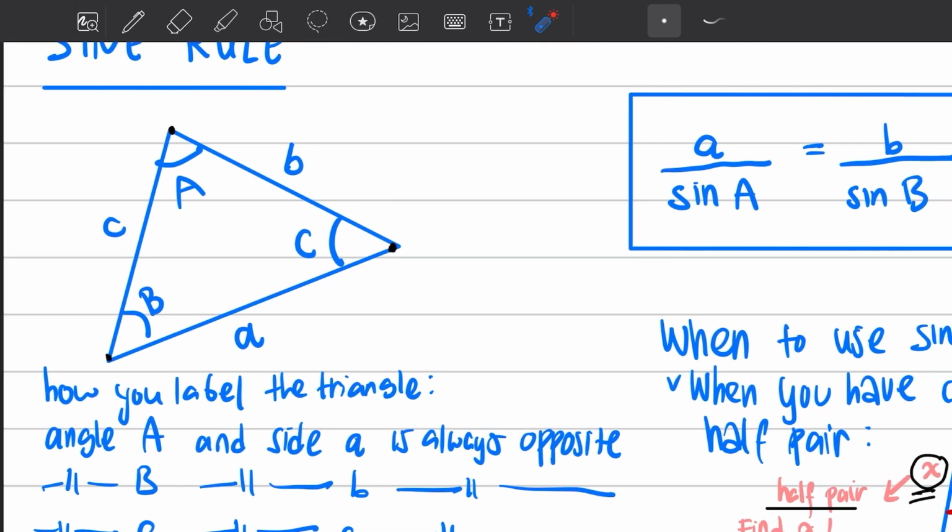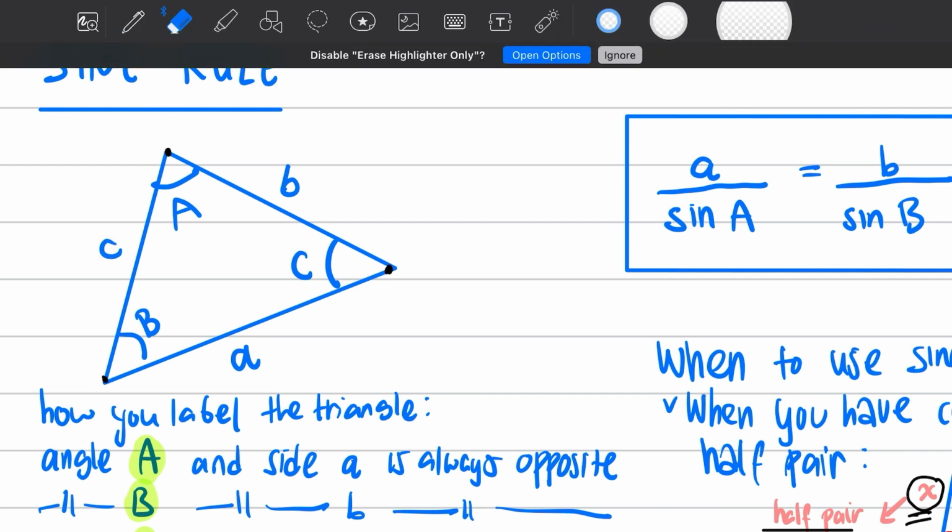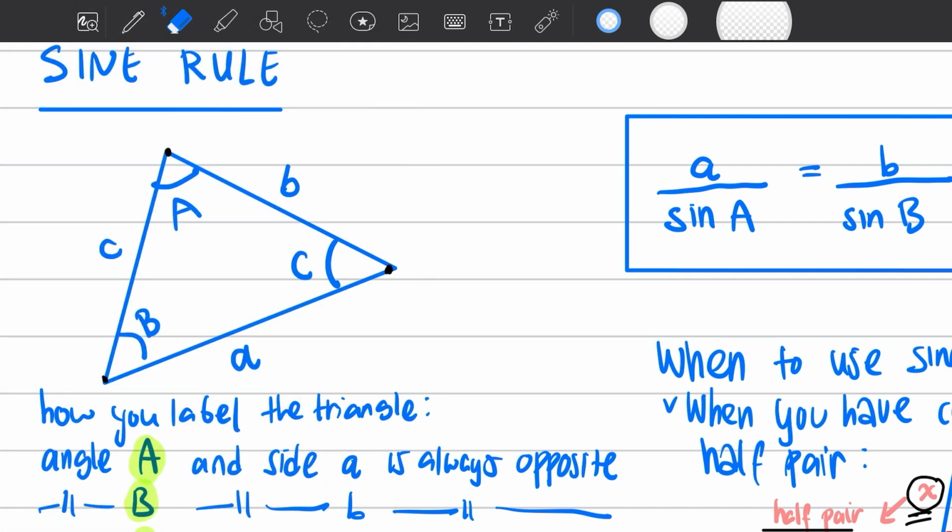So let's say here I have a triangle. Let's label the three angles as A, B, and C. When you label an angle, you have to use capital letters A, B, and C. After you label the angles A, B, and C, the side that is opposite to angle A, we call side a.